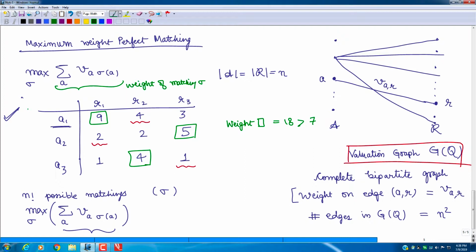So is this clear? This is a maximum weight perfect matching in a complete bipartite graph where you have weights. Any doubt till now?